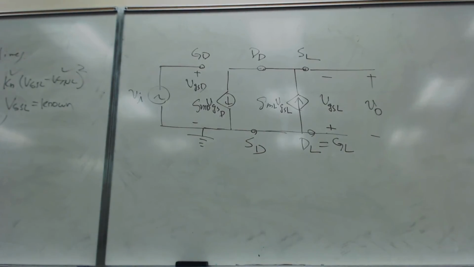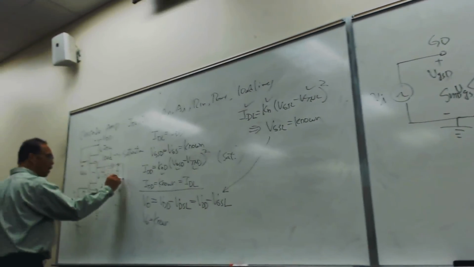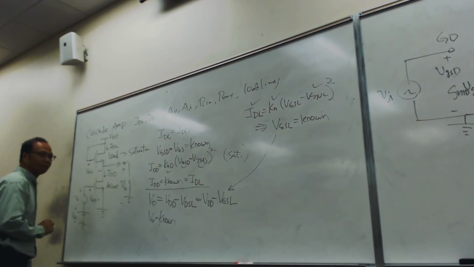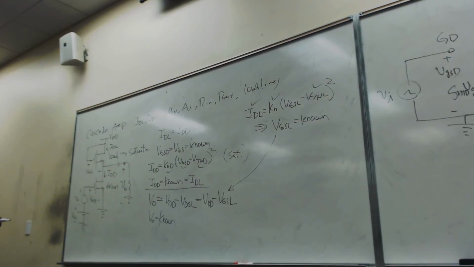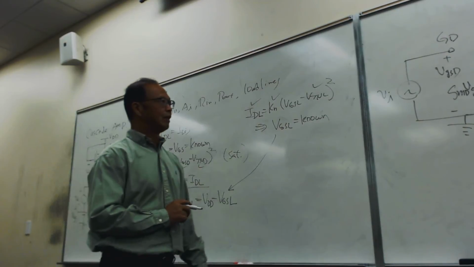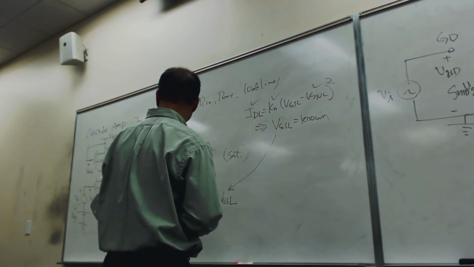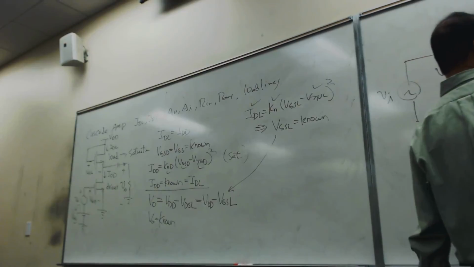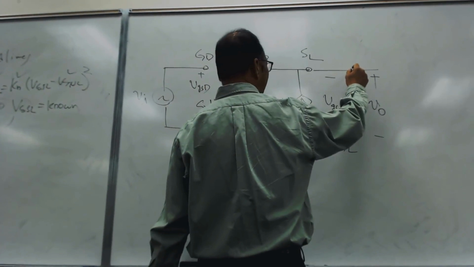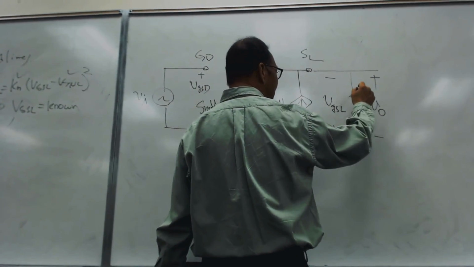Now if I put a capacitor and then a load to the ground, then what is it? If I put a capacitor and a load, then I will simply have to put the R sub L here, right?